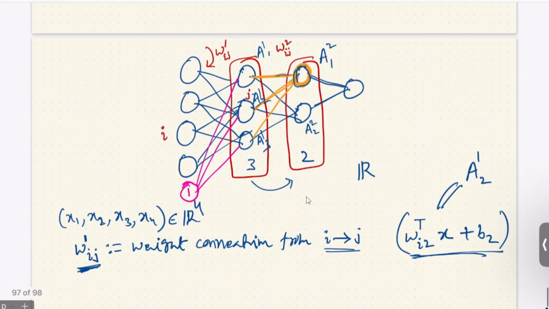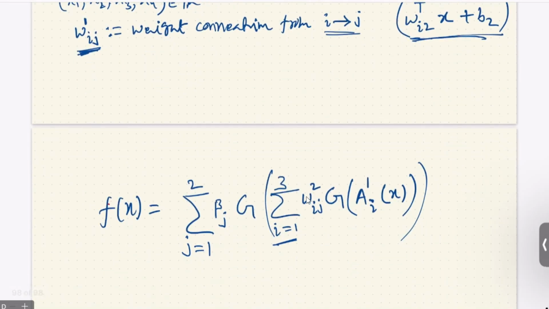So this one is beta 1, this one is beta 2, and j is varying from 1 to 2. The same j that we left here connects there. So this is the whole expression of the complete linear combination.